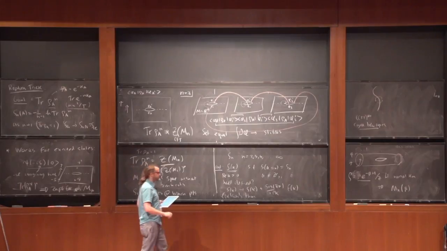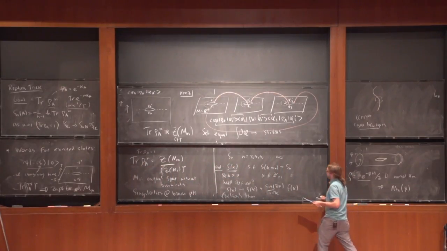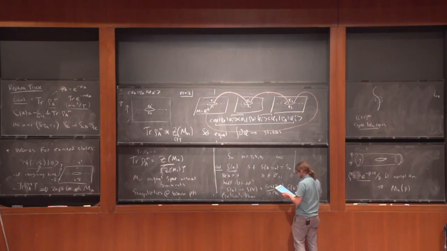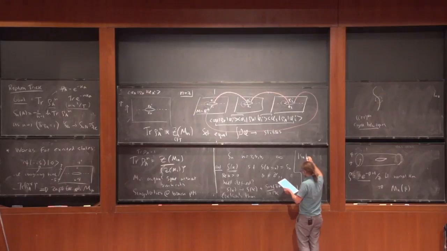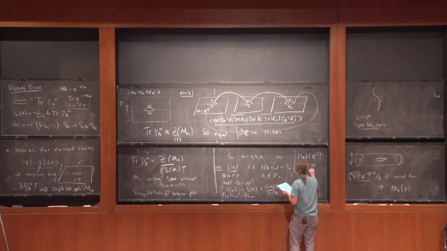Uniqueness is what we're worried about. And let me just write it here. The growth condition is that the magnitude of S of alpha should be bounded by some constant times e to the C times the magnitude of alpha, where C needs to be less than pi. And then there's uniqueness.